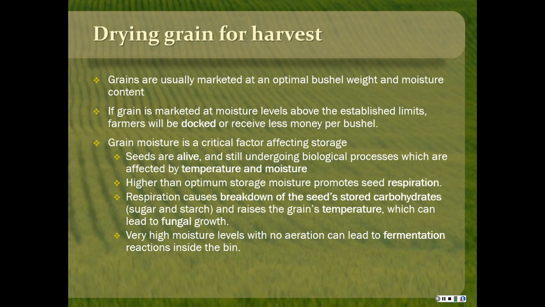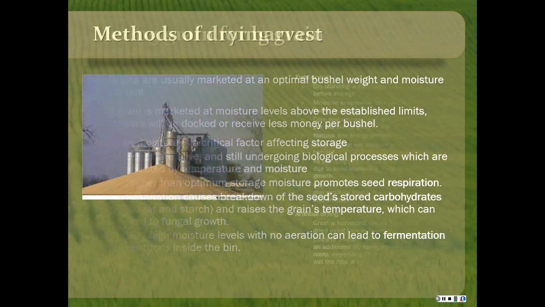The seed will start breaking down the stored carbohydrates, once again trying to grow at a time when you don't want it to. And that also raises the grain's temperature. Higher temperatures can lead to fungus growth. And if you have very high moisture levels with no air flow, you can end up with fermentation reactions inside the bin and end up with spoiled grain.